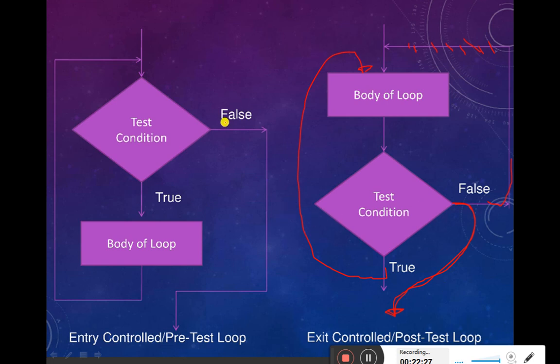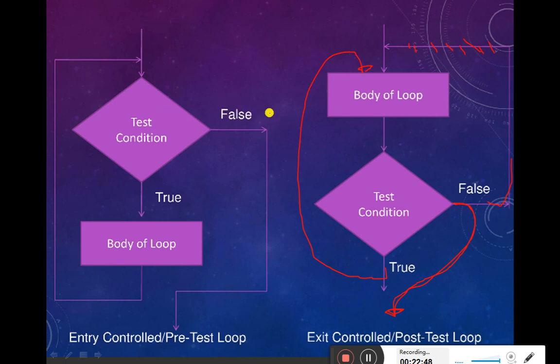In C language we have two entry controlled looping statements and one exit controlled looping statement, and depending on the required situation, we can use either entry controlled or exit controlled looping statements.